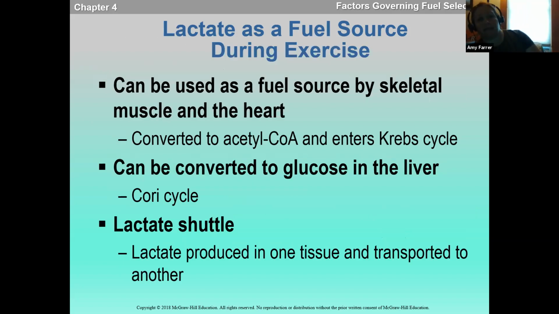We know that lactate can be a fuel source during exercise. The skeletal and the heart muscle can use it and convert it back into acetyl-CoA and the Krebs cycle. It can be converted to glucose in the liver through the Cori cycle, and it can shuttle from one tissue and transport to another as necessary. So lactate can be a fuel source.